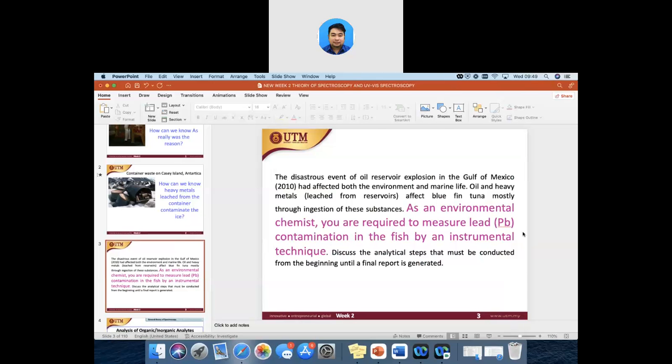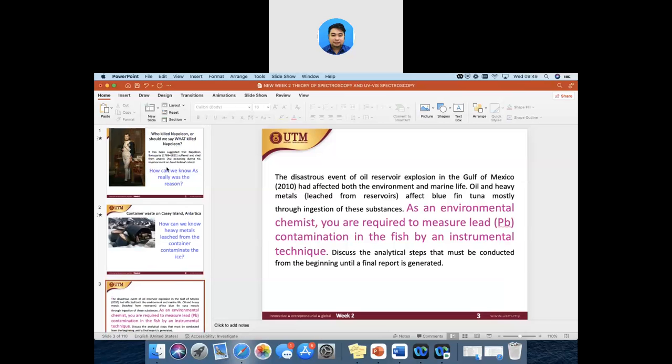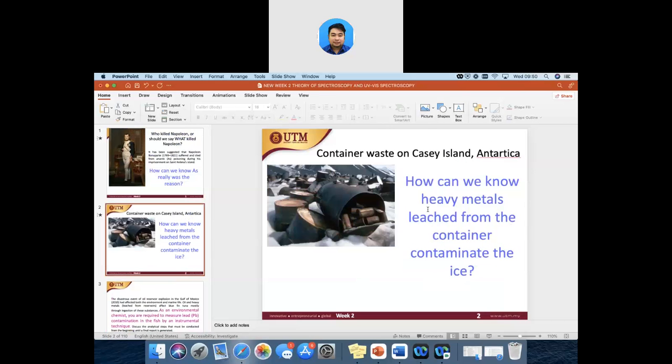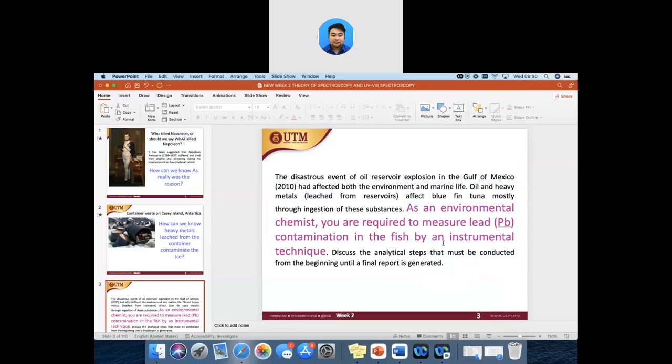All right? Okay. So now, as you can see, all of these examples are heavy metals: arsenic, then the heavy metals leached from the container, and even the third situation is the measurement of plumbum.